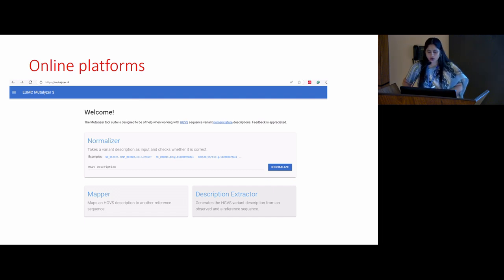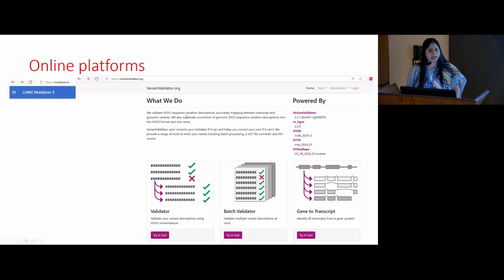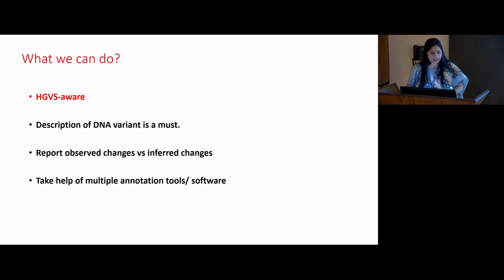Of the various online platforms, the two common ones available for these exercises are Mutalyzer and Variant Validator. In our lab, we are using Variant Validator, and that is why I had given you people the link to download it and see. People who use Mutalyzer say that they prefer Mutalyzer over Variant Validator.